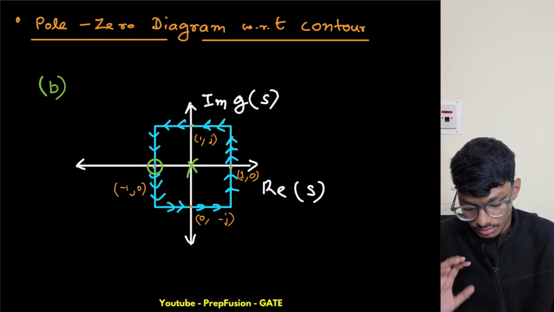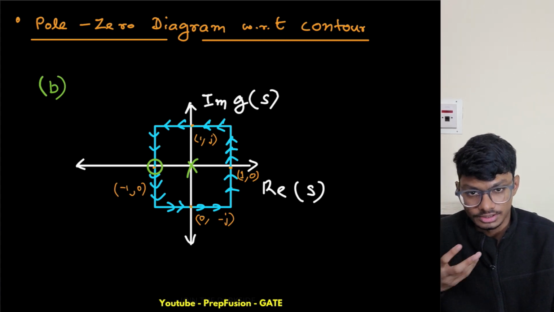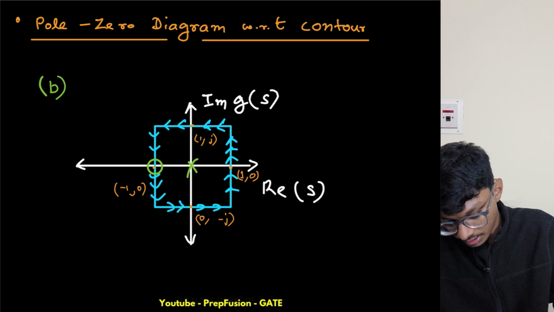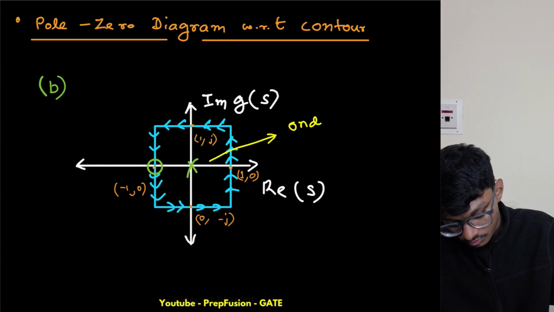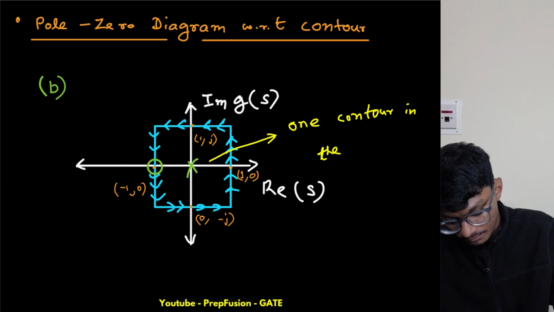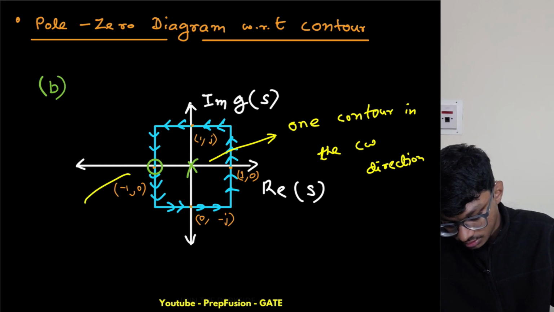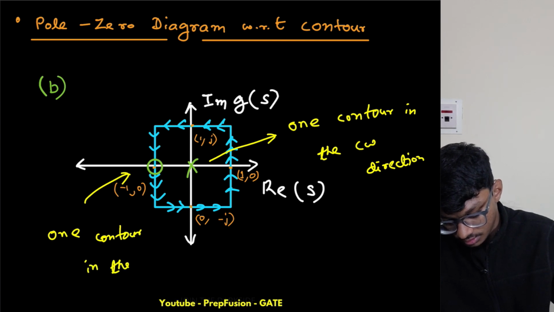Let's go to the next one basically, but before that, here what will happen: due to this pole, we will get one contour in the clockwise direction, right? And due to the 0 we'll get one contour in the anti-clockwise direction.